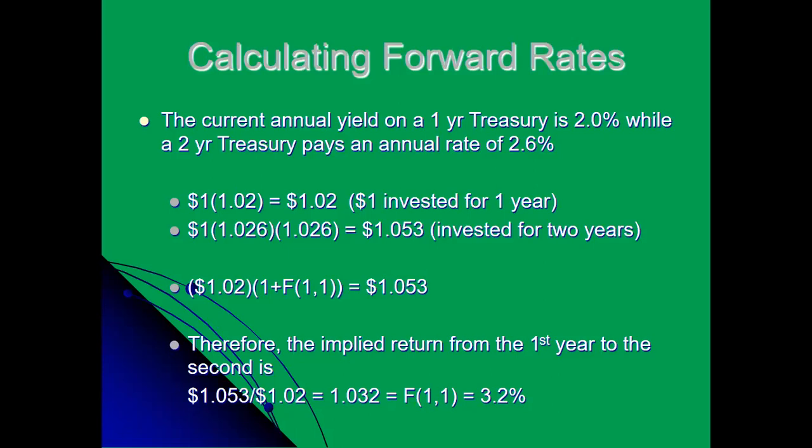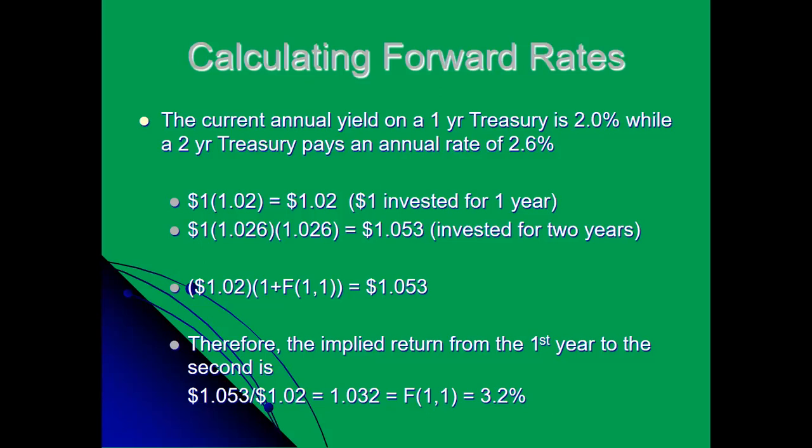So 1.02 times 1 equals the number, which means that our interest for that is 0.02. While if it is going to be the 2-year treasury, so 1 times 1.026 squared, or we are going to have the expanded notation. So that's going to be $1.053 invested for 2 years.